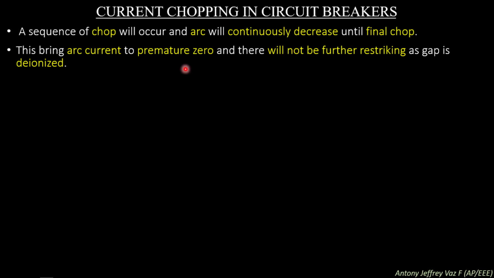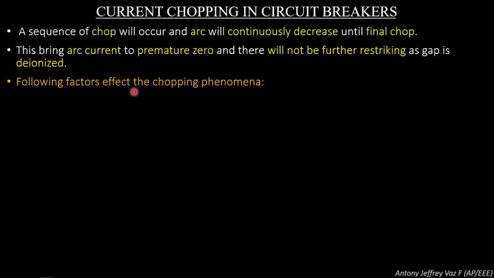This brings the arc current to a premature zero, and there will not be further restriking as the gap is deionized completely. Afterwards, the inductor current and the voltage across the capacitor will also become zero. After this zero point, restriking of the gap is not possible because the complete medium gets deionized.